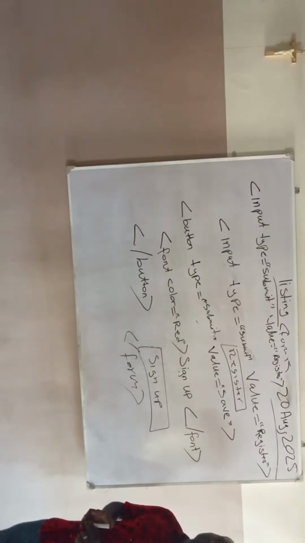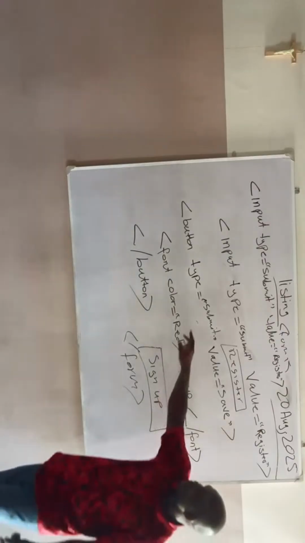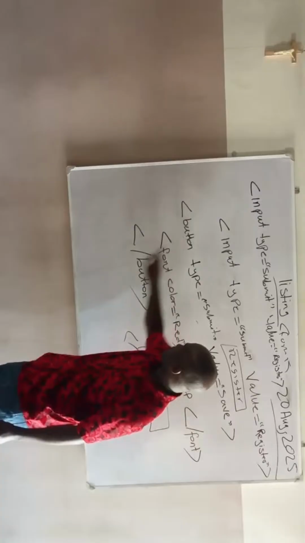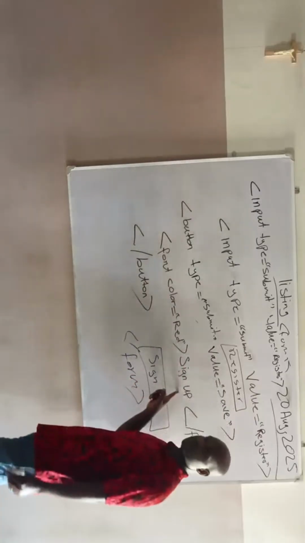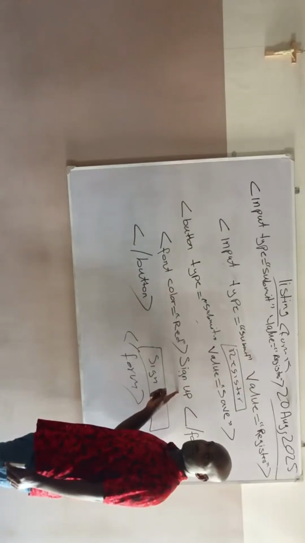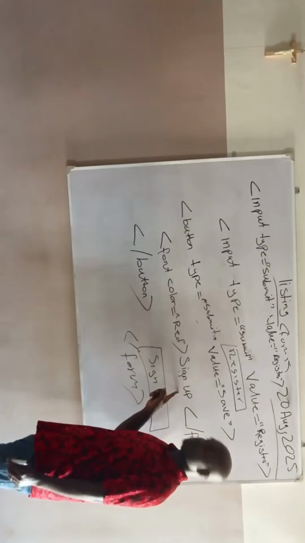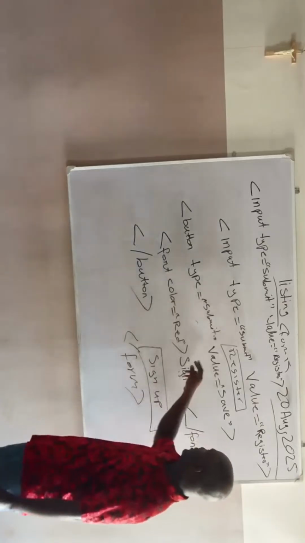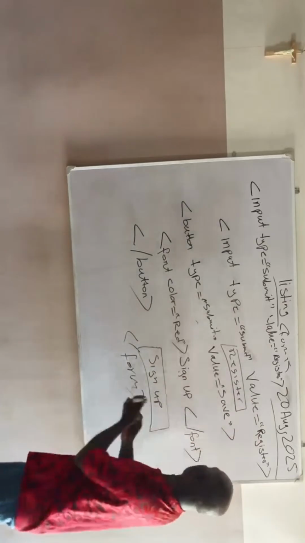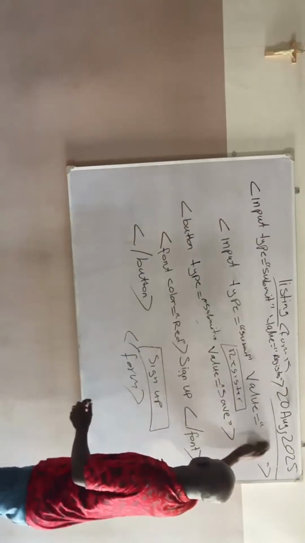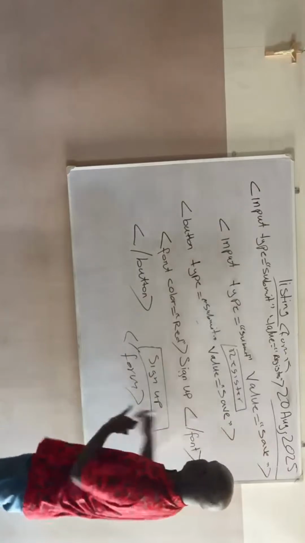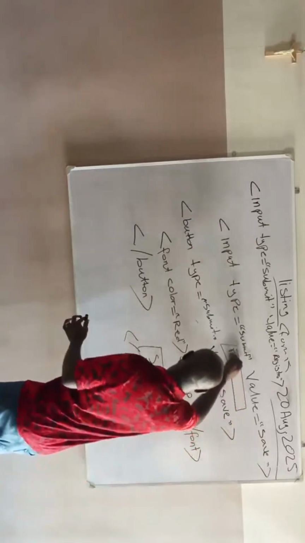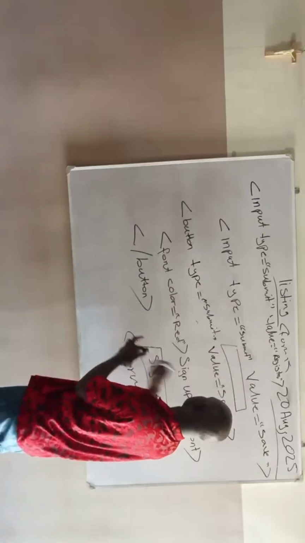How is sign up in this button? These are the different elements of button. This is the closing button, and inside it I wrote sign up. So if your browser needs to submit, you have to save. Here you can feel that within save, in this button.